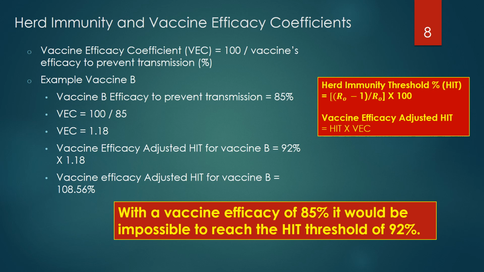So with a vaccine efficacy of 85%, it would be impossible to reach the HIT threshold of 92%. It's important to consider vaccine efficacy to prevent transmission when calculating herd or community immunity thresholds.